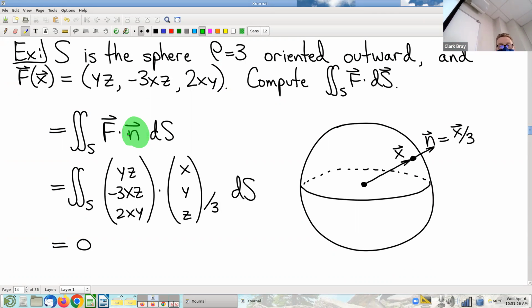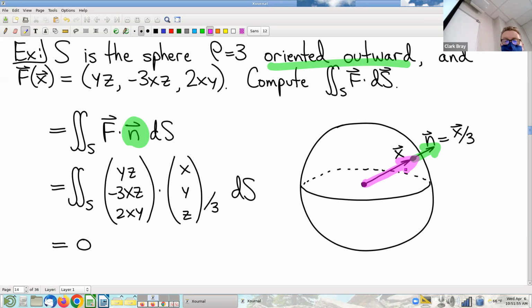my orientation unit normal. It says right here, oriented outward. This being a sphere, gotta love spheres. Spheres have so much geometric symmetry, and they're just so regular. It's really nice. Being a sphere, that outward normal vector is exactly in the direction of the position vector.